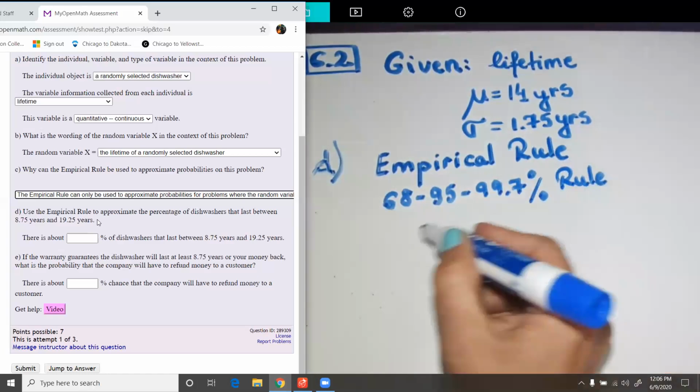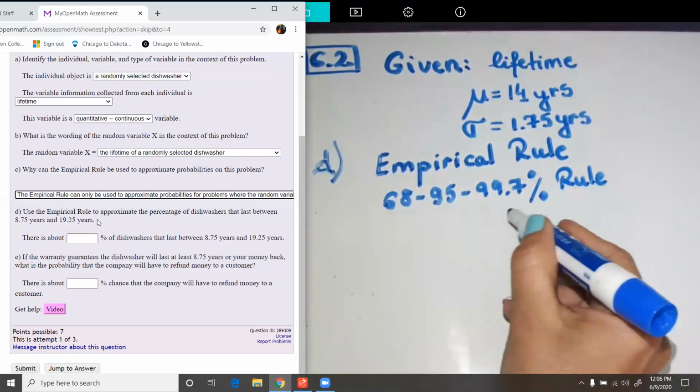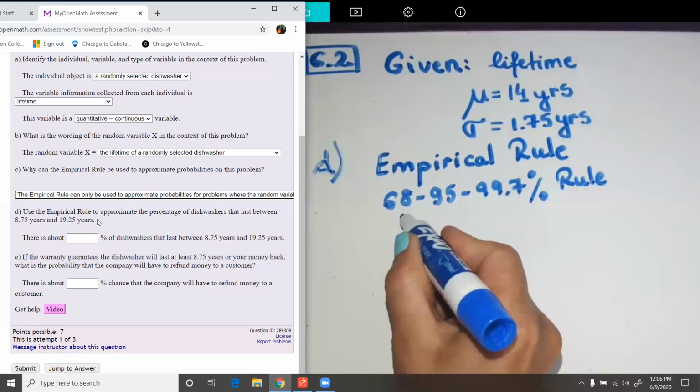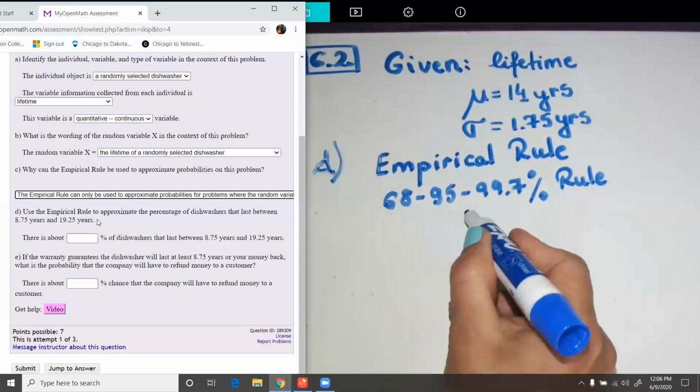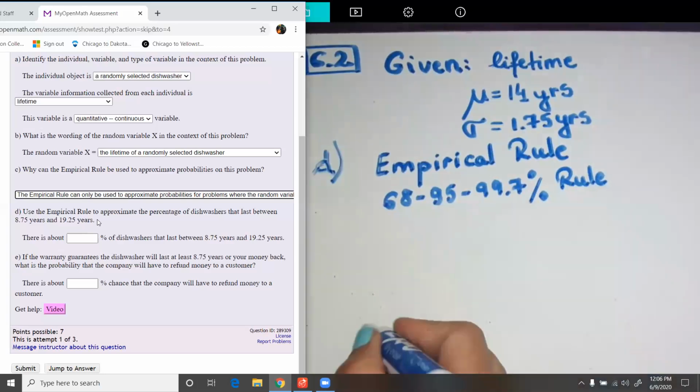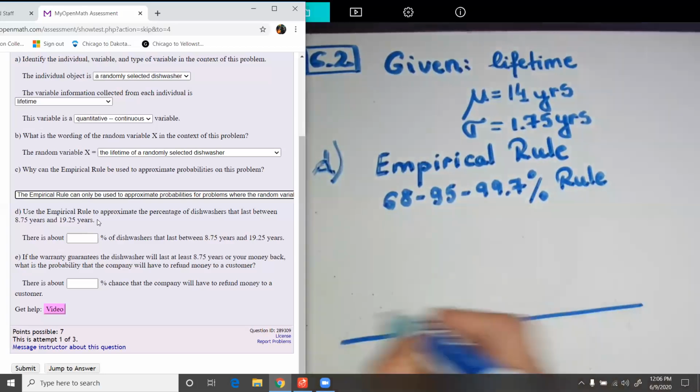Why? Because it gives us the percentage of data that is located within 1 standard deviation of the mean, 2 standard deviations of the mean, 3 standard deviations of the mean. So this is the basic empirical rule.